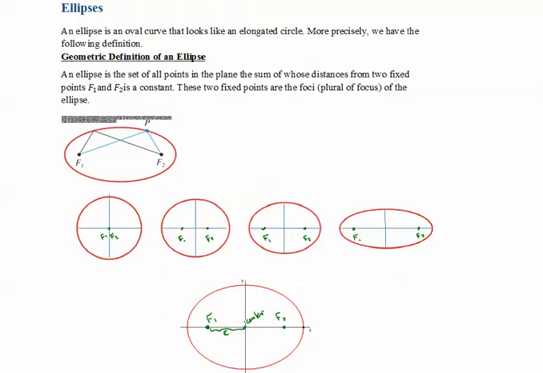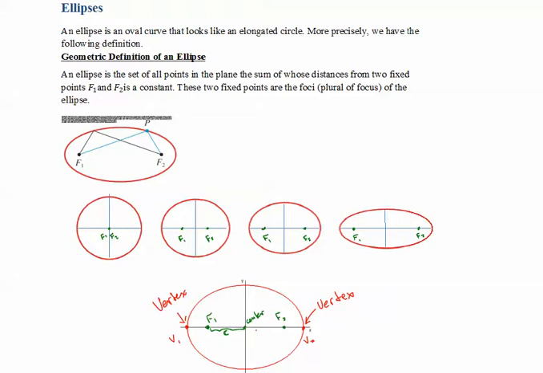And the points at the ends of the longest side, we call the vertices. These points in red are vertices. So we have V1 and V2, vertex 1 and vertex 2.